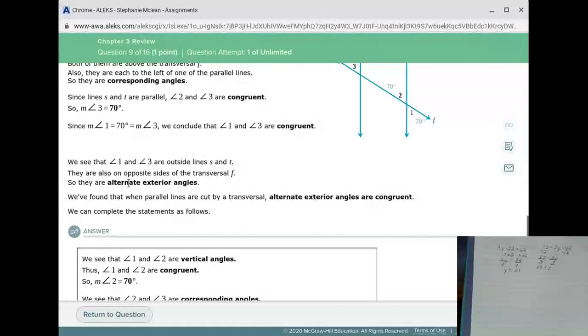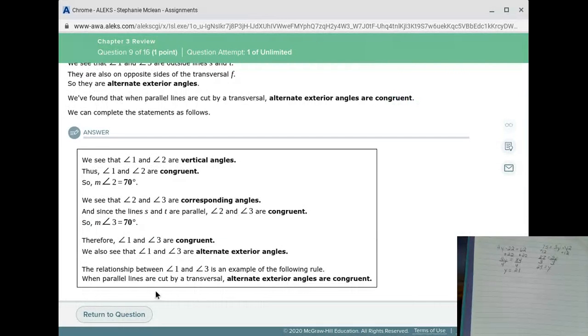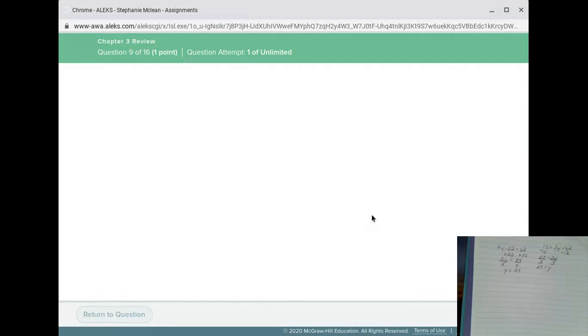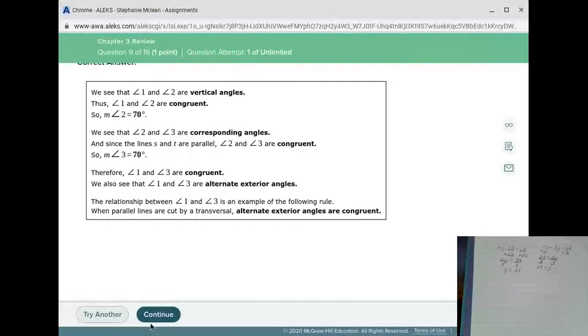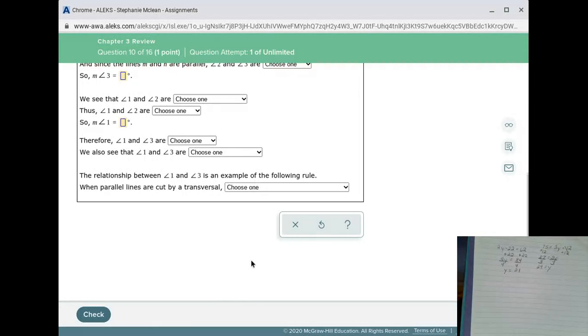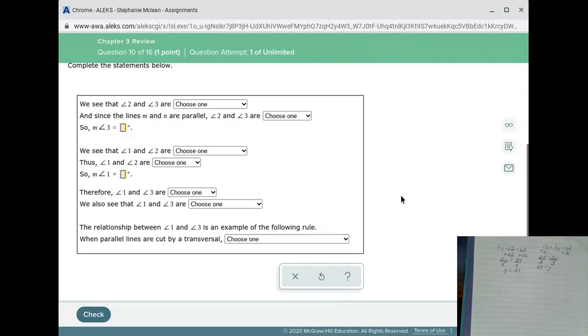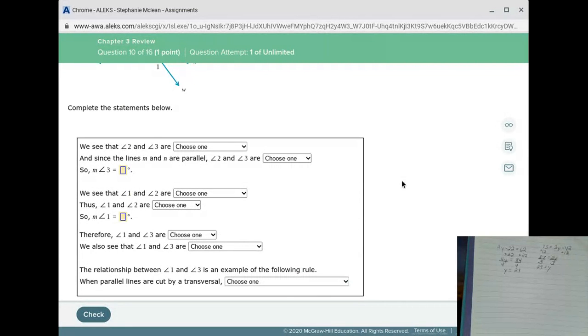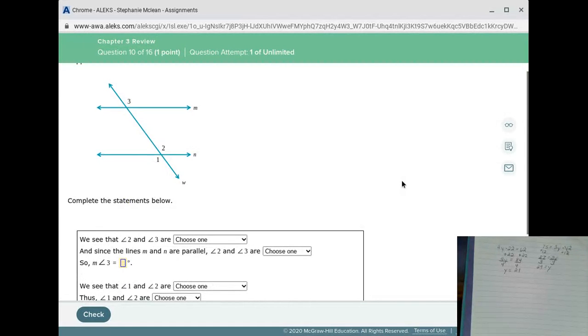I highly suggest you guys write down and give examples of what these are, okay? Very important information for your test. If you know what vertical angles, corresponding angles, alternate interior angles and alternate exterior angles are, you guys should do fine on your test, okay?